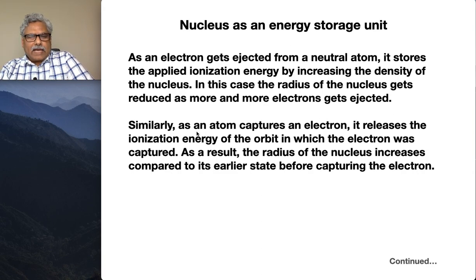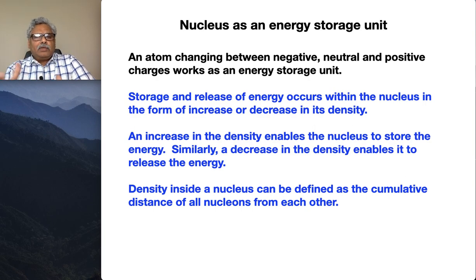Similarly, as an atom captures an electron, it releases the ionization energy of the orbit in which the electron was captured. As a result, the radius of the nucleus increases compared to its earlier state before capturing the electron. That is what happens when an atom captures an electron. Continuing the concept of the nucleus as energy storage, an atom changing between negative, neutral, and positive charges works as an energy storage unit.